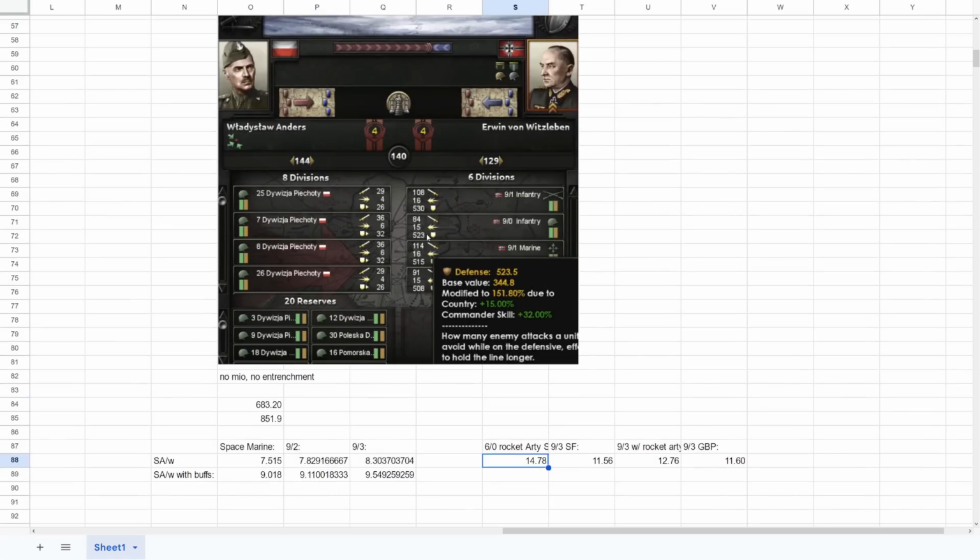Also, in this image here, you can see the defense of an 18 width. Now, this defense isn't actually enough to stop a 9-3, where I've calculated that it will receive about 683 attack. So it will get critted, and even more accounting for the different generals, which I have on the defender side. But again, this is without MIO, without entrenchment, and basically with optimal conditions.